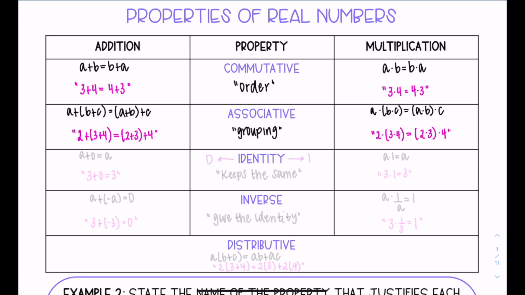The identity property. This means that it keeps it the same. Now we have two different things for this property. When we talk about multiplication, the identity is 1, and when we talk about addition, the identity is 0. So if I were to add 0 to a number, I would get the original number.